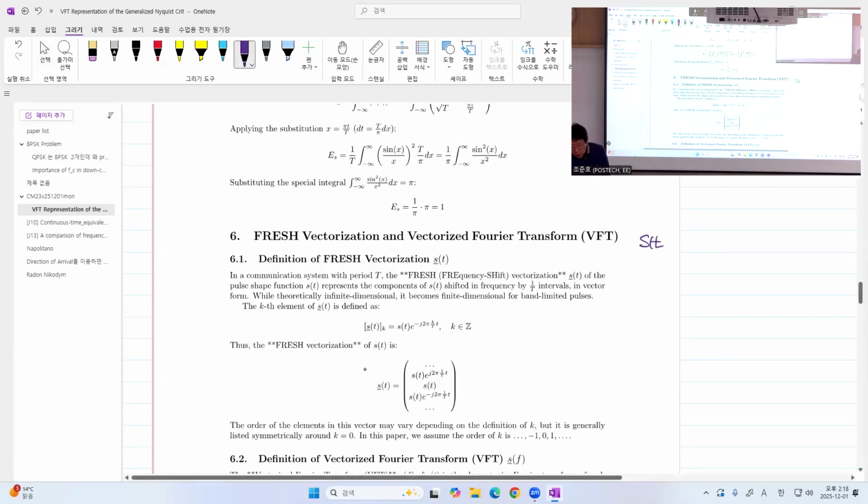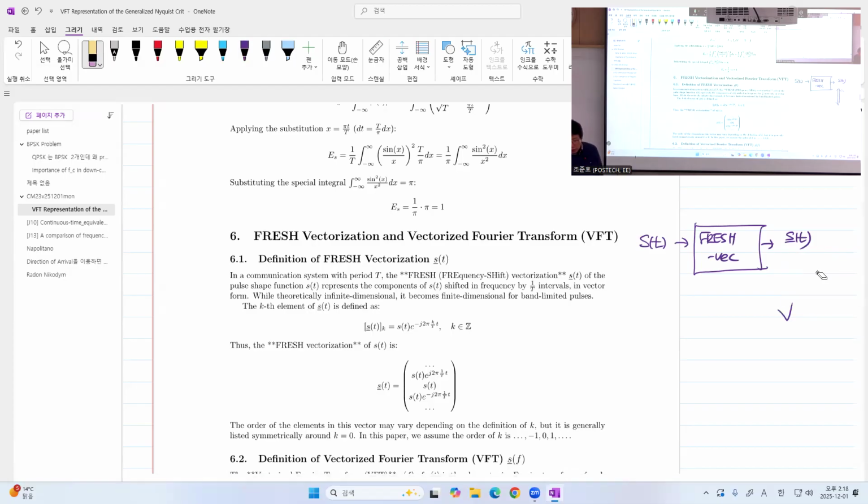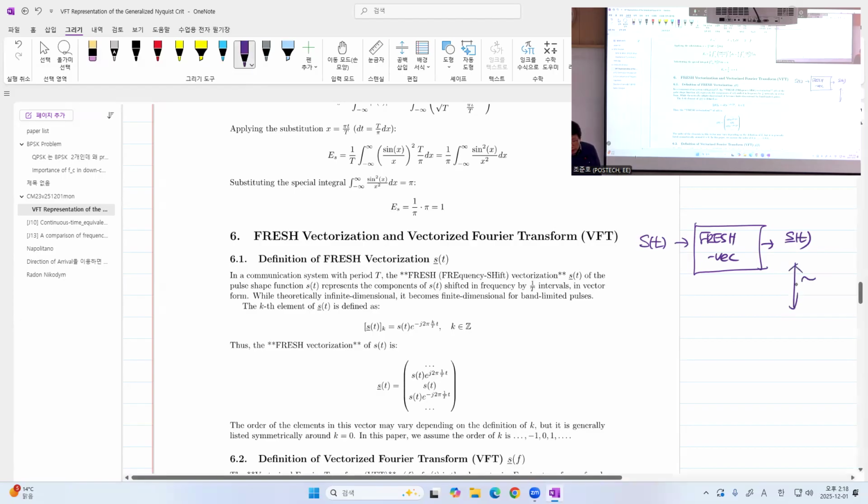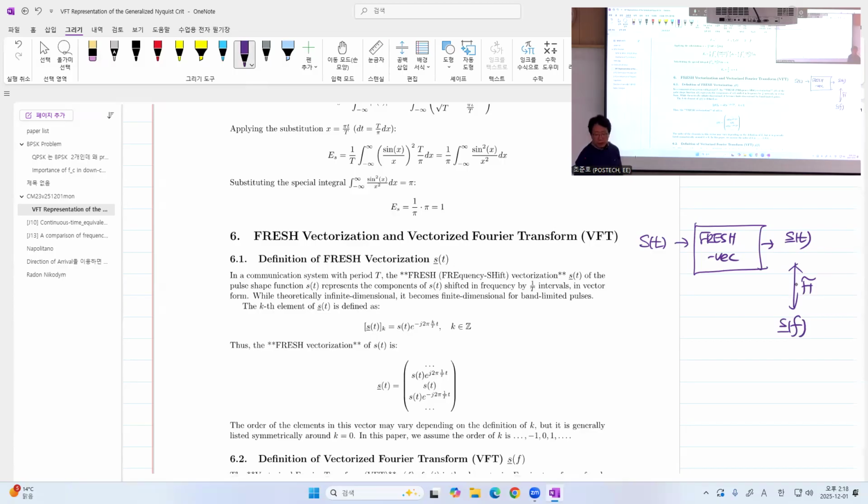We have s(t), and here is a Fresh vectorizer that generates a vector valued continuous time signal. Now we can define the vectorized Fourier transform of s(t) as the Fourier transform of the Fresh vectorizer output of s(t).